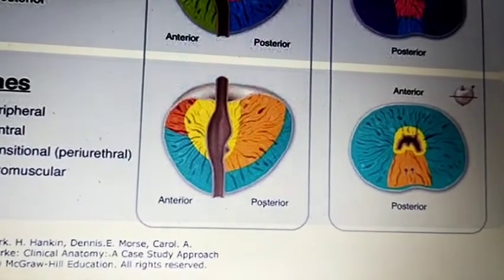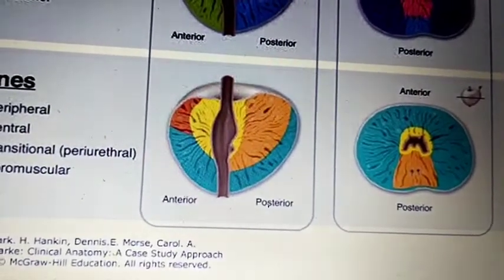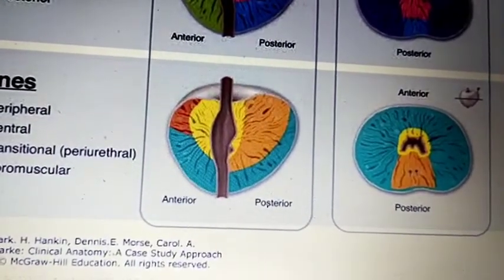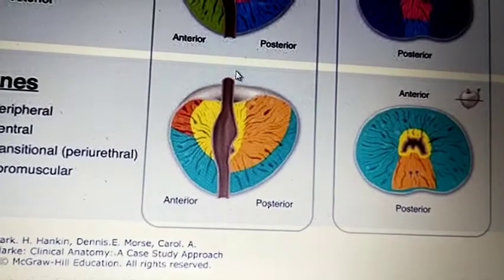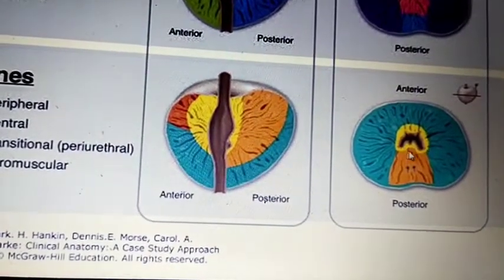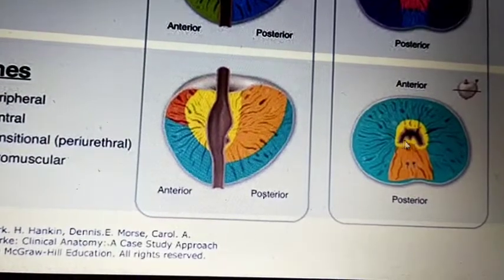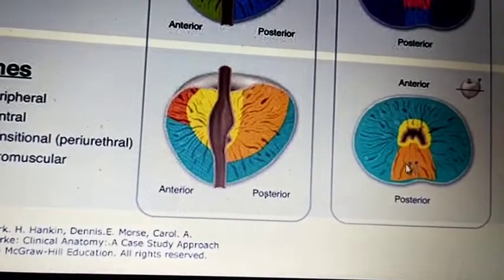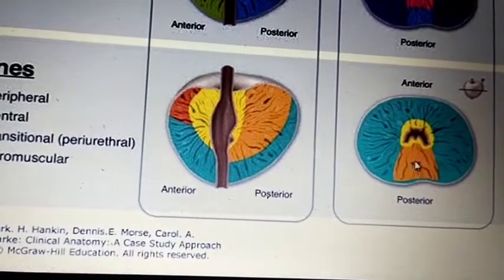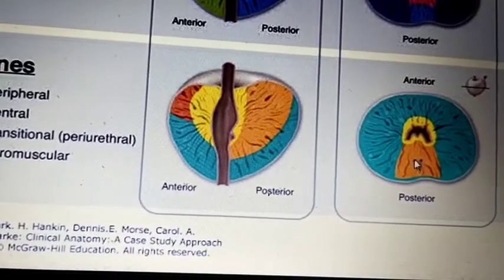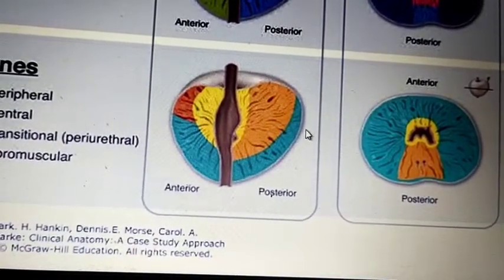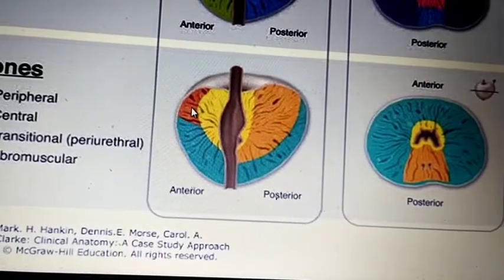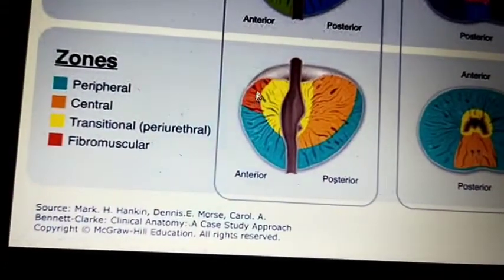And this is the transitional zone. This is the transitional zone, and this is the central zone. And this red one is the anterior lobe, which you can call the fibromuscular zone.